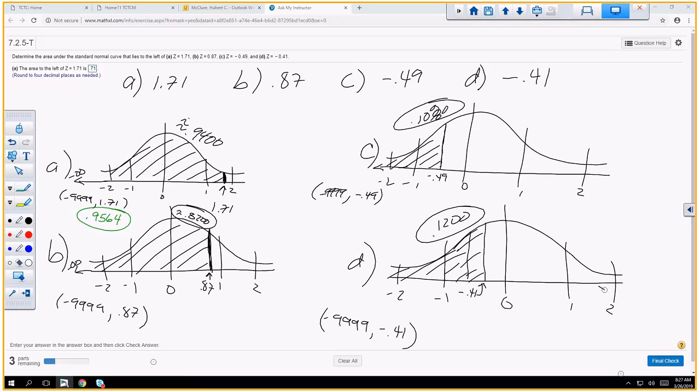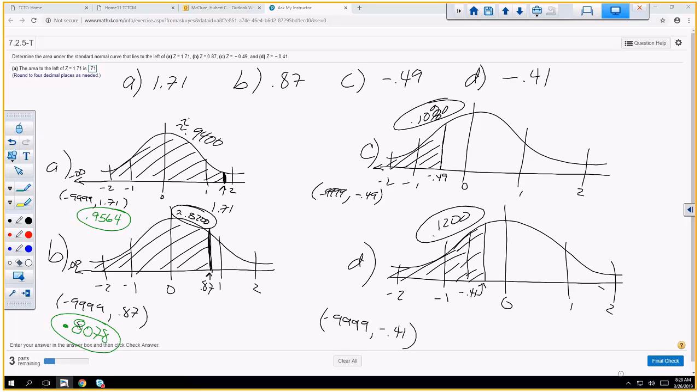All right, what's this one? 4 digits. Negative 9999 to 0.87. 0.8078. I said 82%. That's 81%.